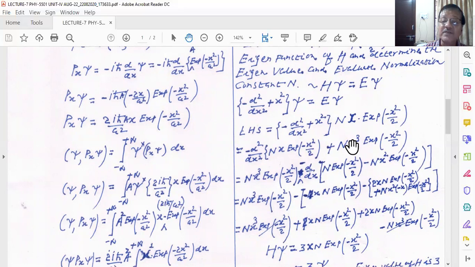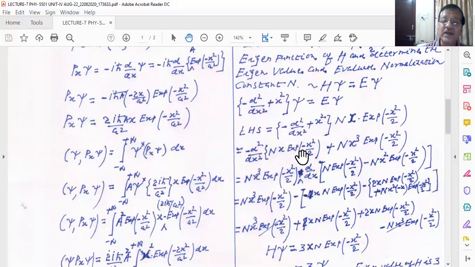So the first order differentiation is d by dx of this term. This is a function of x, and this is a function of x. First I differentiate x and keep the exponential constant. So it is basically N exponential of minus x squared by 2.